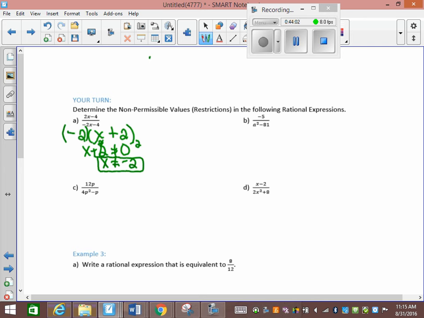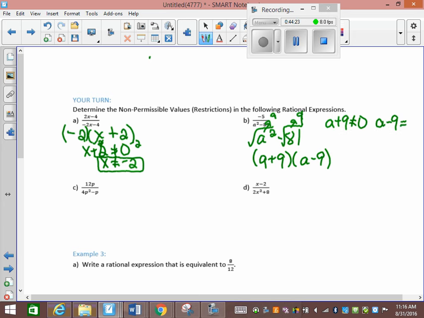A squared minus 81 is the difference of squares. Square root of a squared is a. Square root of 81 is 9. You're going to get a plus 9, a minus 9. You get a plus 9 can't equal 0, a minus 9 can't equal 0.